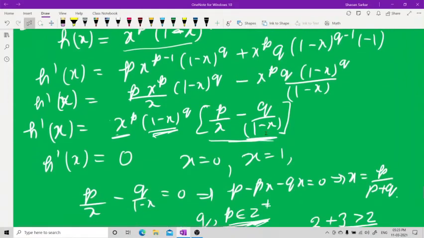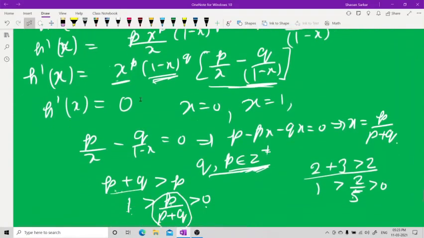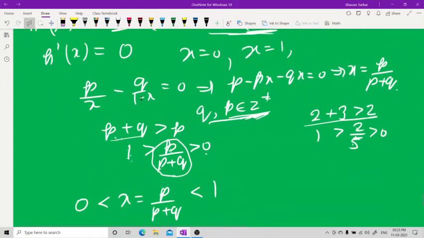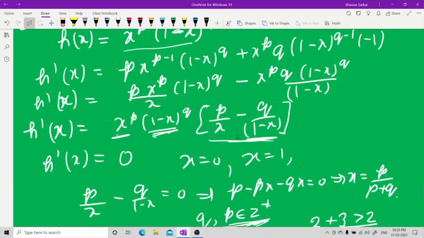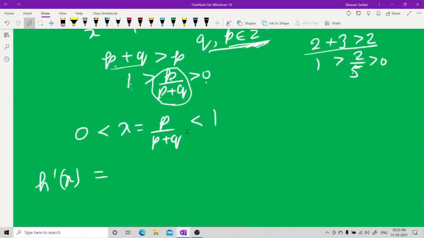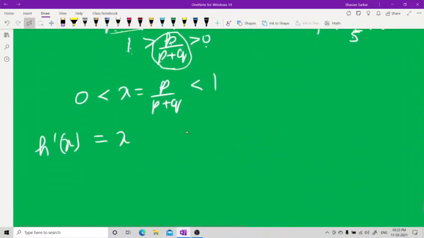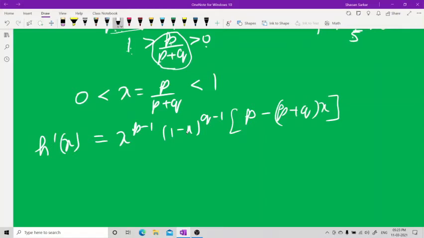Yes, you can see this x to the power of p, let us take the LCM here. x to the power of p minus 1 minus x to the power of q minus 1, and then you will have this as p minus (p plus q)x. So this is h dash x.